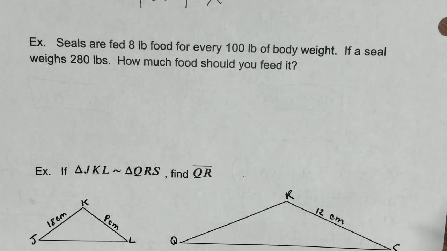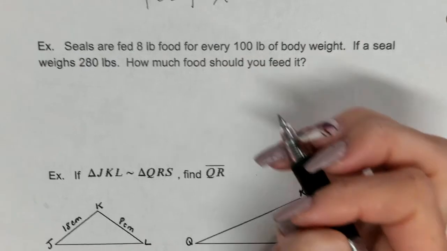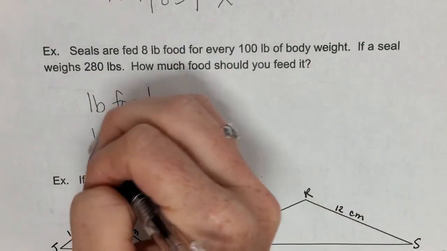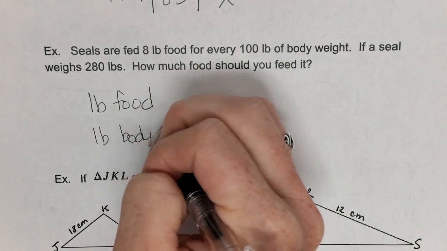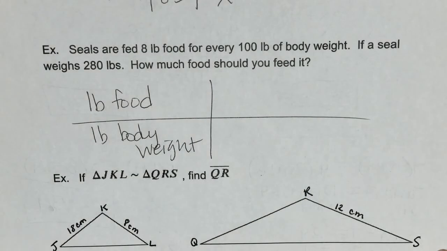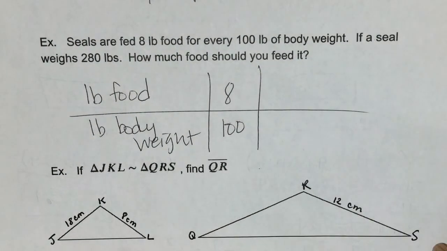What are you comparing in this one? They're both weights. Weight of food and body weight. So I put pounds of food and pounds of body weight. So for 8 pounds of food, for every 100 pounds of body weight.